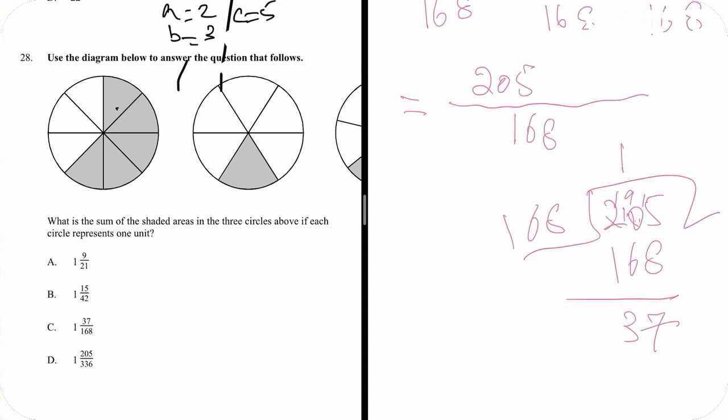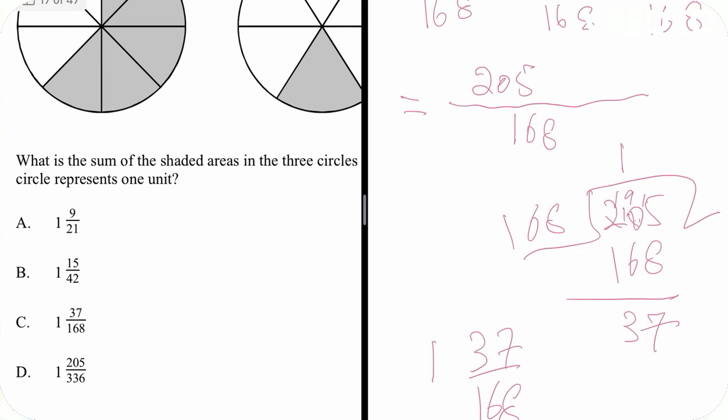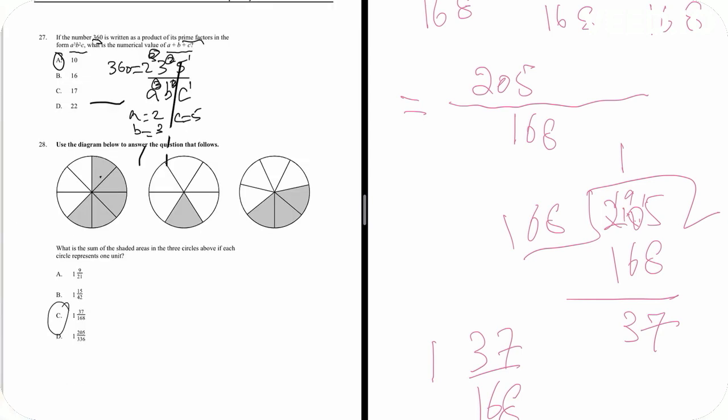So your remainder is 37. So 1 is my quotient and the remainder is 37 upon 168. If you look at my options, 1 and 37 upon 168, C is the option. So my answer will be C. So C is the right option.